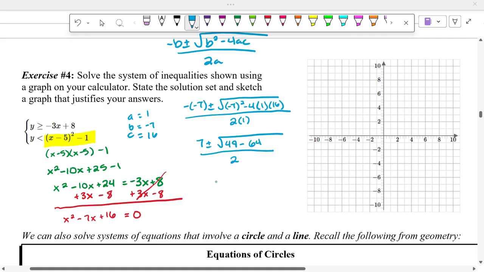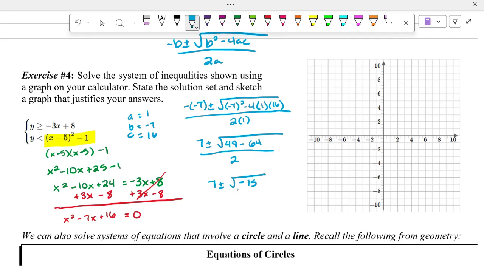So it should be 7 plus or minus the square root of negative 15 all over 2. So that would be 7 plus or minus i square root 15 over 2 is equal to x. All right. Now, there's obviously no way we can plug that back in.